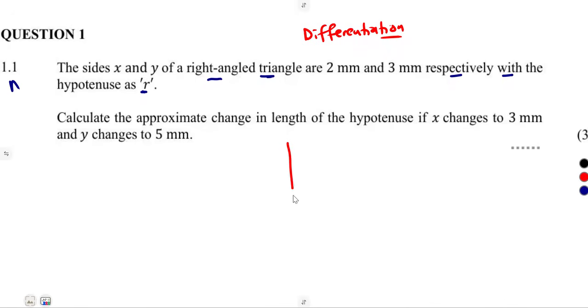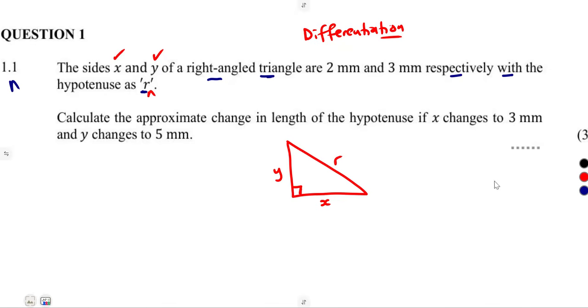Before we look into our question, it is a right-angled triangle. One of the sides is x and another one is y, so you can name whatever you want. You can call this x, this is y, and the hypotenuse is given as r.